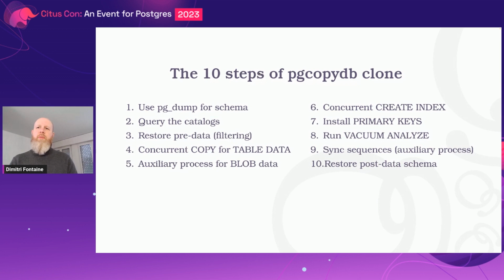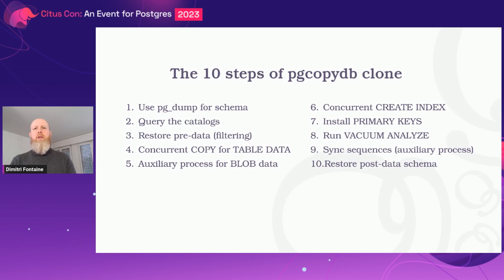The most important thing on that slide is that, yes, pgcopydb actually uses pg_dump and pg_restore. It does not entirely replace them. It uses them for the schema parts of the migration, and it skips them and handles the data parts itself.